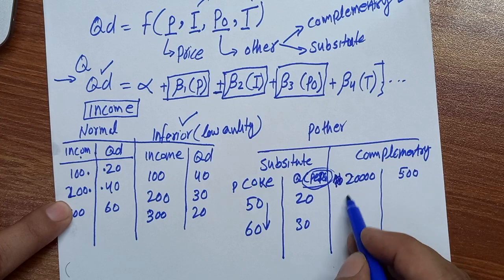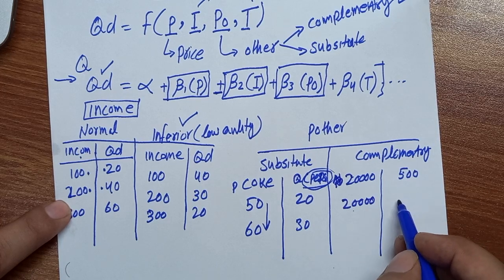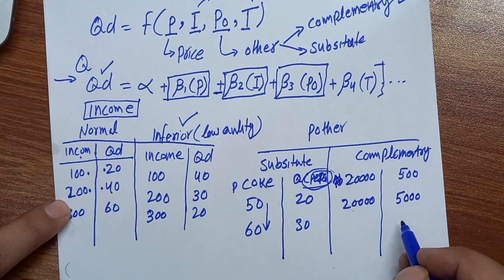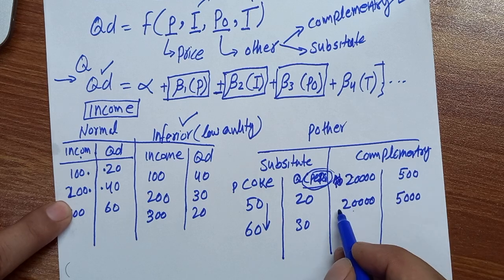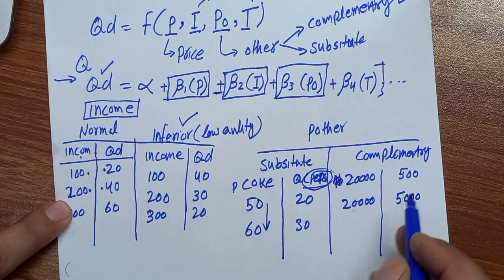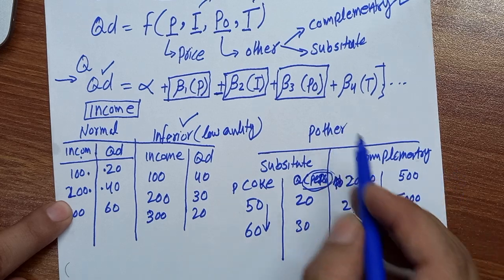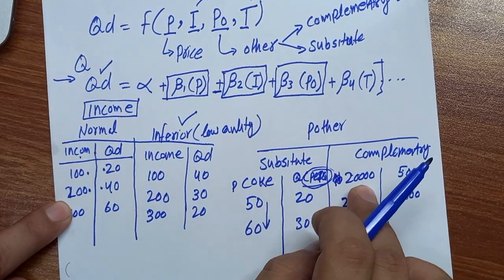And if the price of your mobile is 20,000 and let's say the charger is very expensive, let's say 5,000, the people will not buy your product because the complementary product is expensive. So this is the price of the other good.